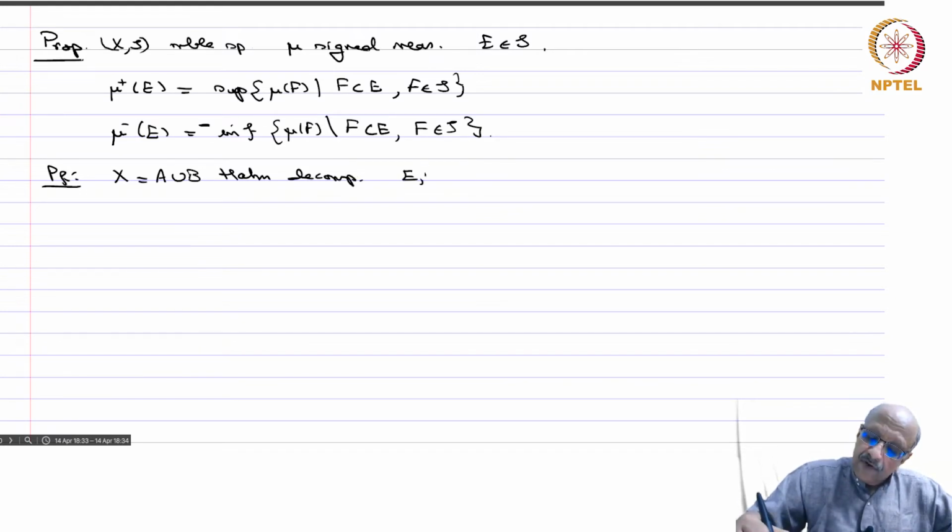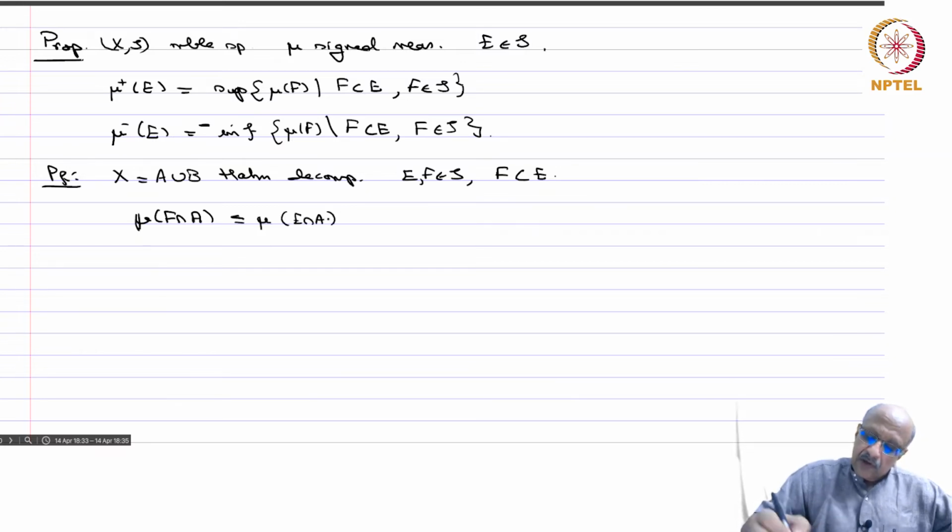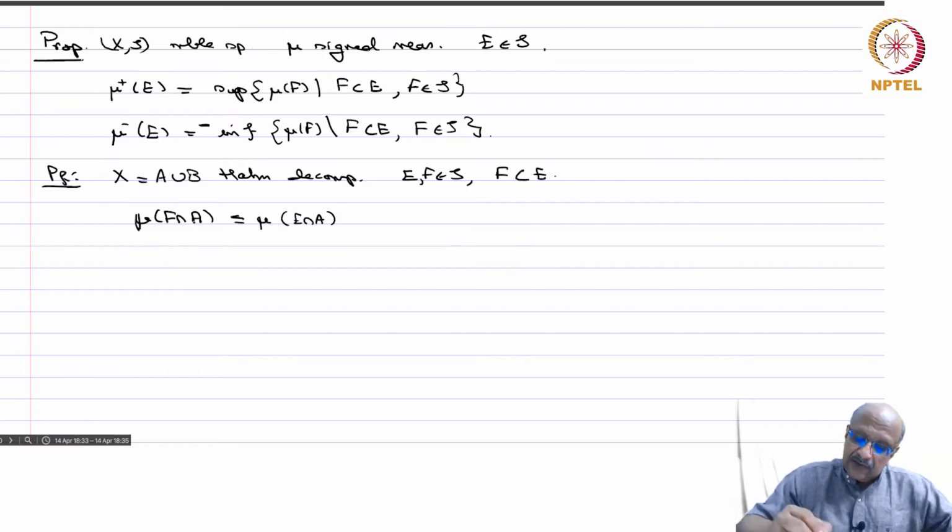Take E in S and F in S contained in E. So mu of F intersection A is less than or equal to mu of E intersection A, because when intersected with A, mu is the same as mu plus, and therefore by the monotonicity of a measure.